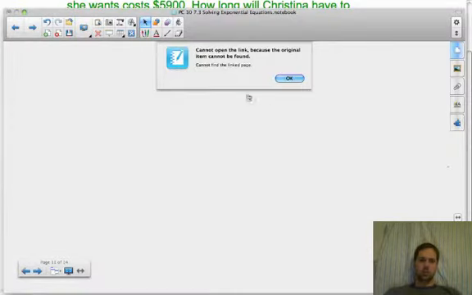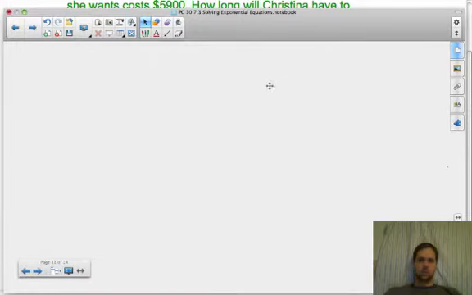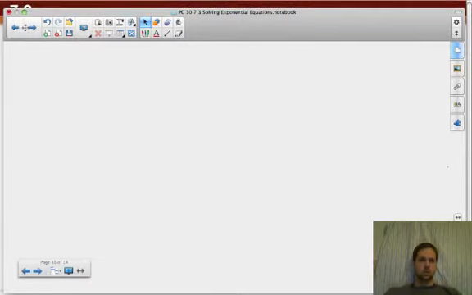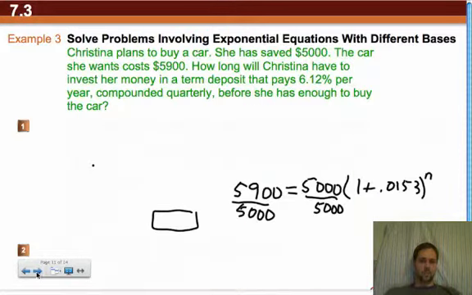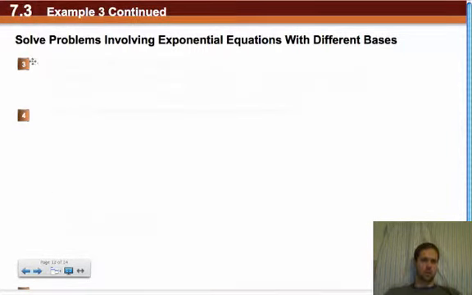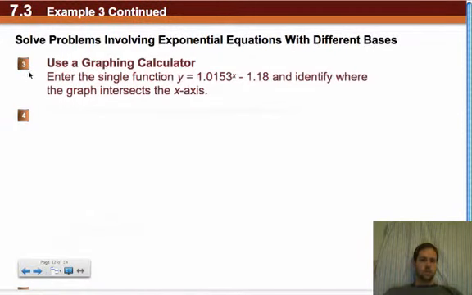So let's see what this looks like. Okay, here we go. So, we can use a graphing calculator for this one. Enter the single function y equals this one.